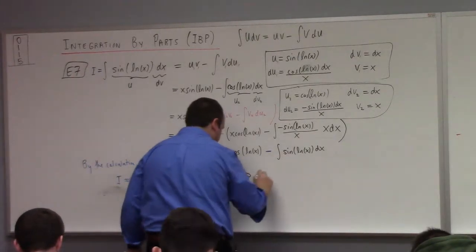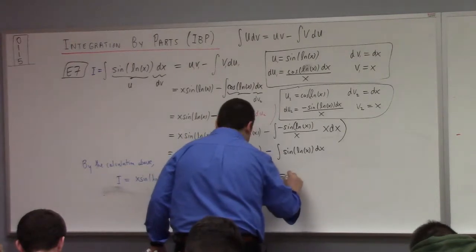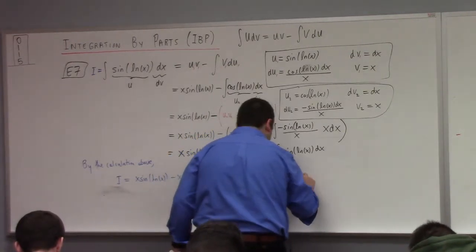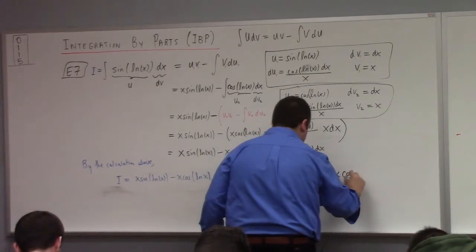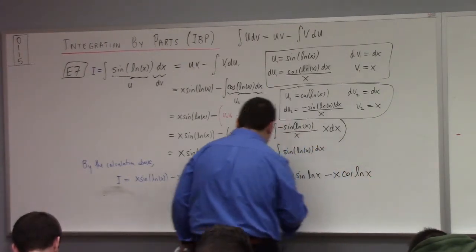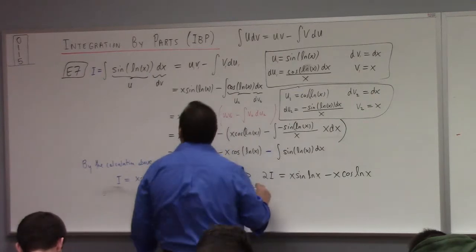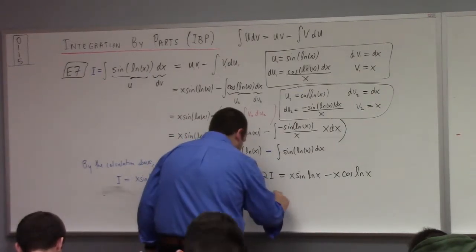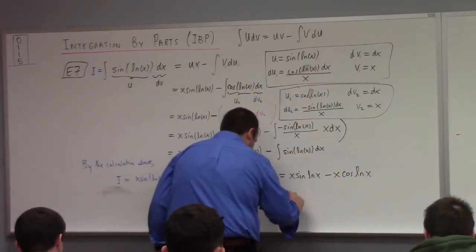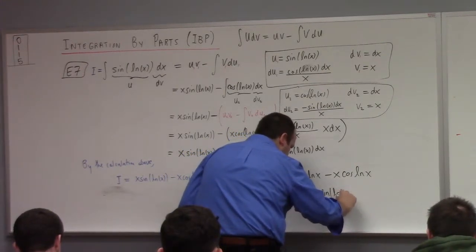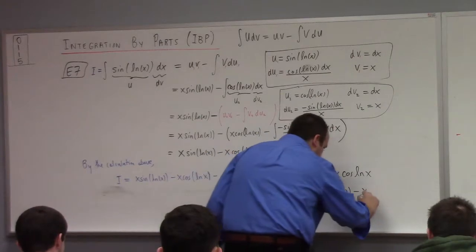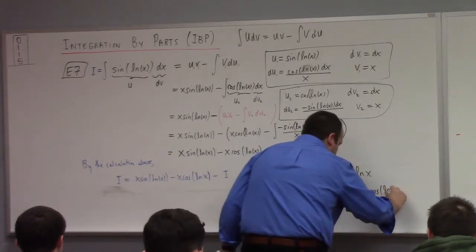So that implies that 2I is equal to x sine of the log x minus x cosine of the log x. In other words, the integral of sine of the log x dx is equal to x sine of log x minus x cosine of the natural log of x.